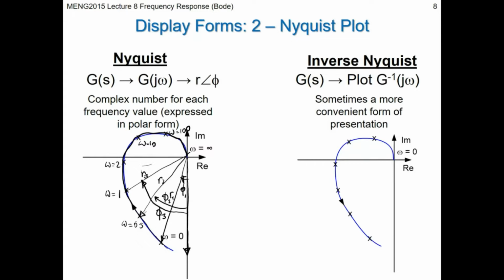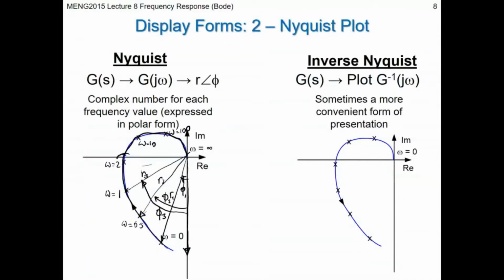Right, now there are some key points along here. For instance, right here you can see that our plot crosses 0, our imaginary component is 0 at this point.